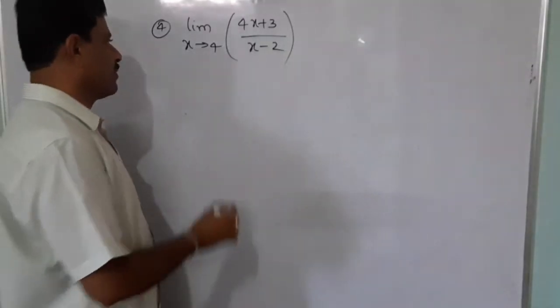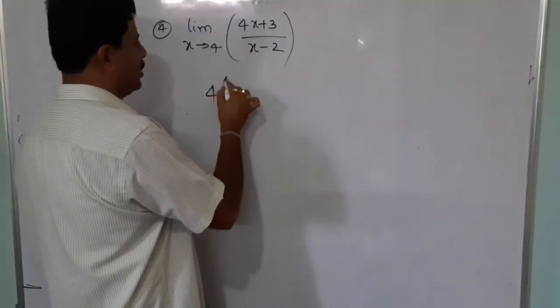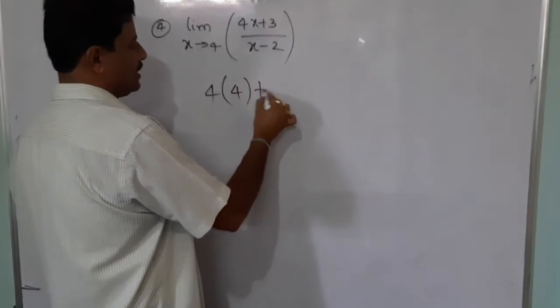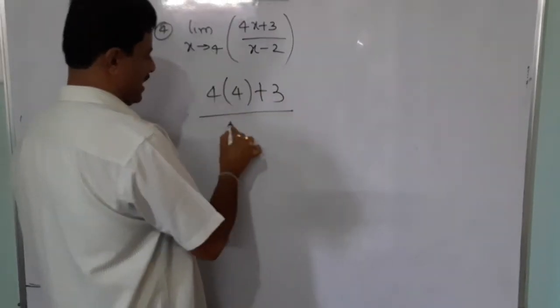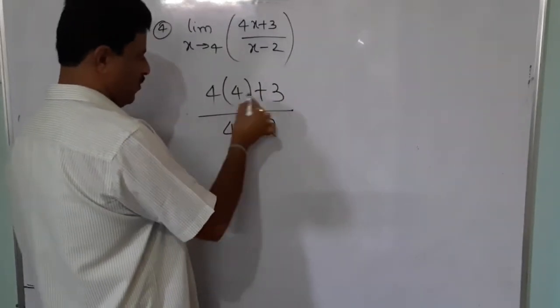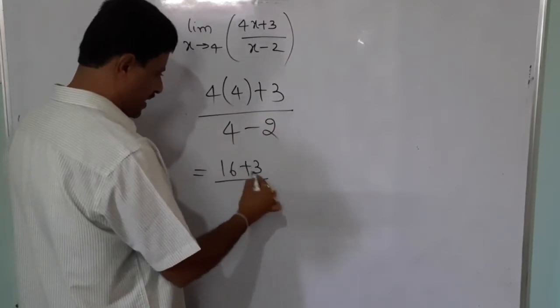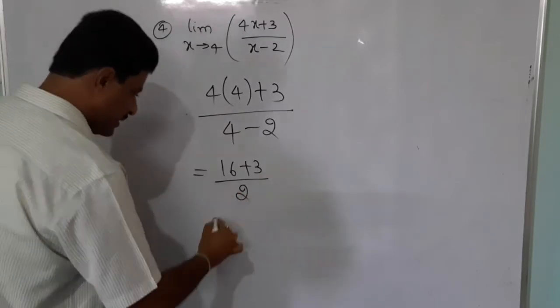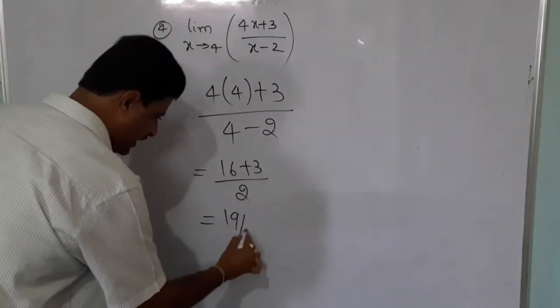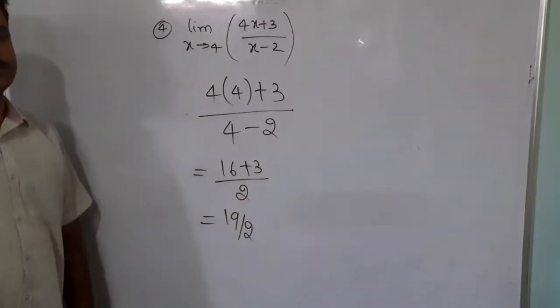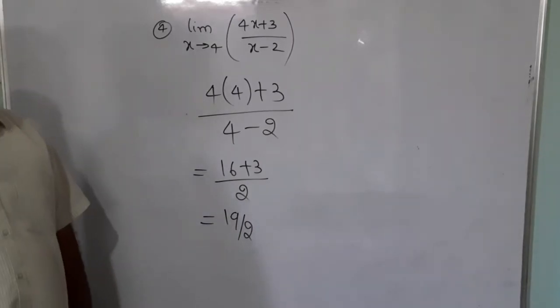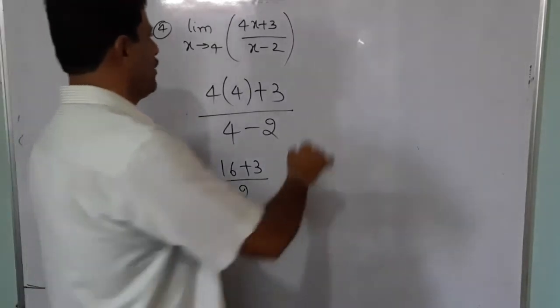So not get indeterminate form. So 4 into x is equal to what? 4 into 4 plus 3 divided by 4 minus 2. 4 4s are 16 plus 3 divided by 4 minus 2, 2. 16 plus 3, 19. 19 divided by 2. This is problem number 4. Tumba easy avadu.